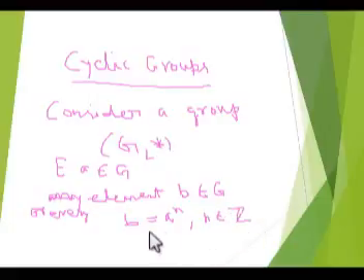So if this happens, then we can say that D can be written in this way, where n belongs to positive integers. Or you can write here E is the generator of the group G.